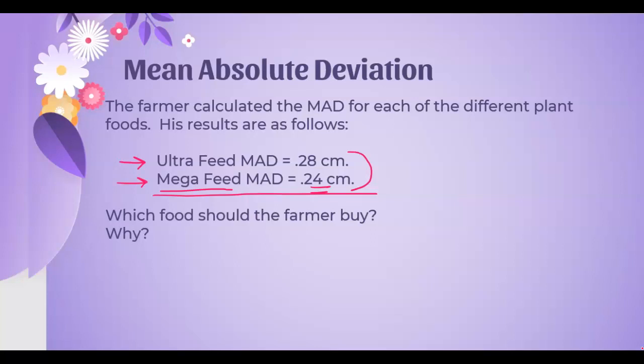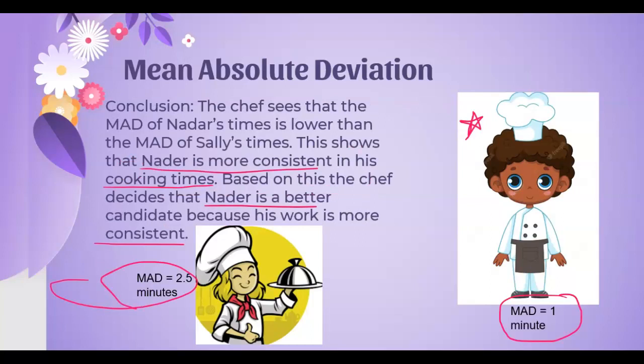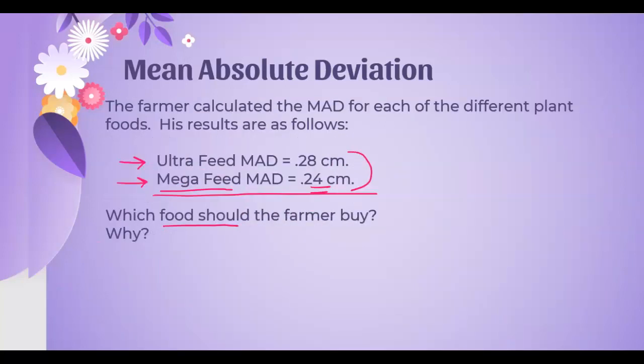This one was, what food should the farmer buy? The last one was, who should the chef hire and why? And they all figured it out because they used the mean absolute deviation as another measure of center.